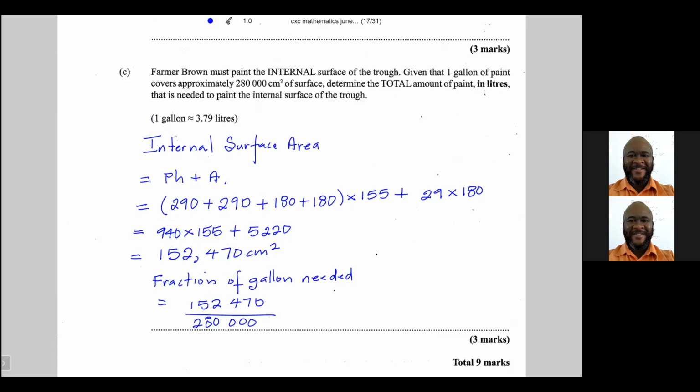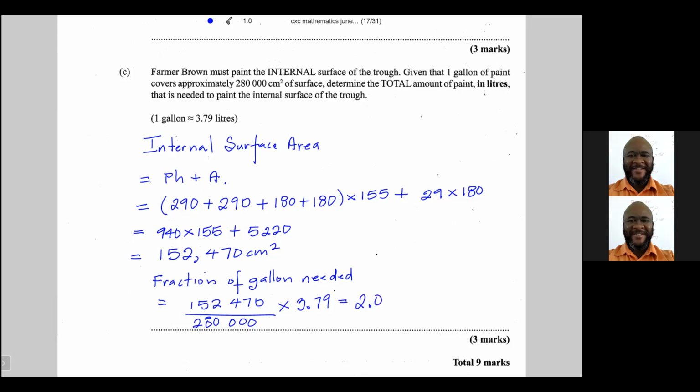All right, so we'll simply multiply this by 3.79 liters, which is 1 gallon. And this is saying 2.06.